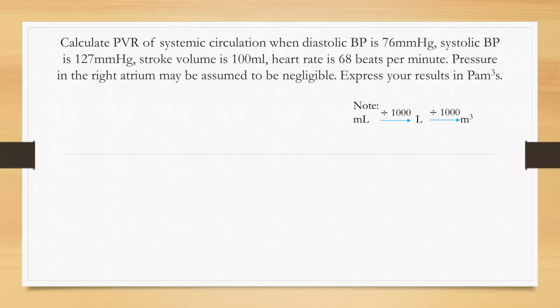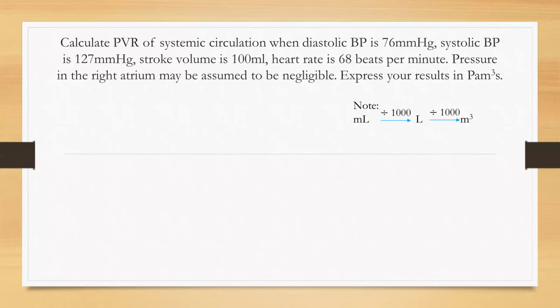Here we assume it negligible because there is a lot of pressure in the superior vena cava, so the difference between the pressures is very small. It is very large. So if we assume it to be negligible, our result won't be affected much.